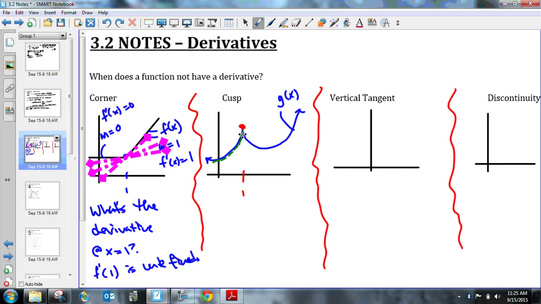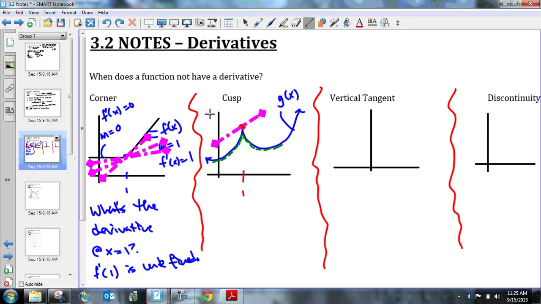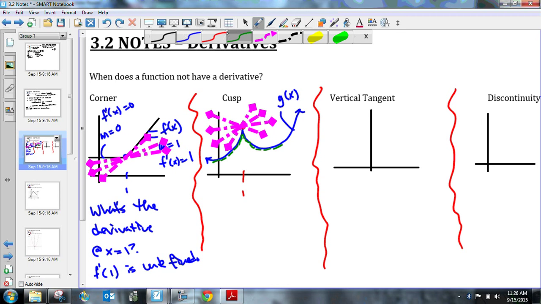Then all of a sudden, it switches from very, very positive to very, very negative. All of these little tangent lines don't agree at 1. The other thing I could say is, how many different tangent lines can I draw at this cusp? I can draw a number of tangent lines.